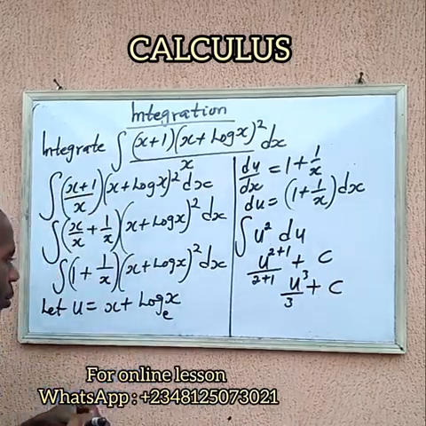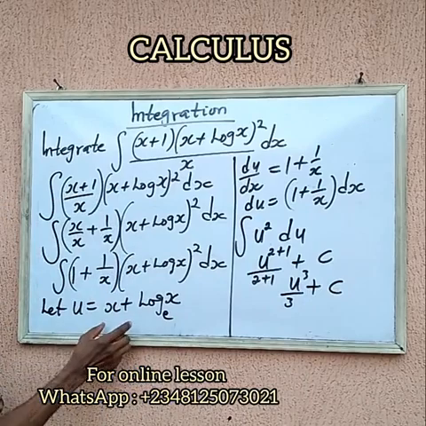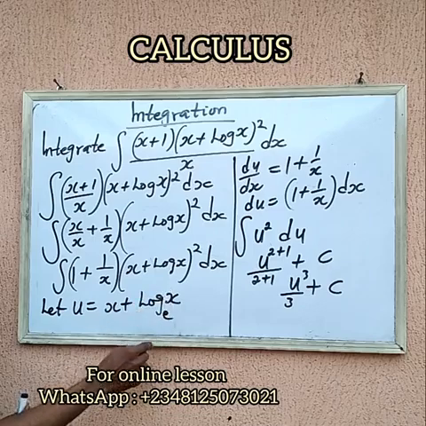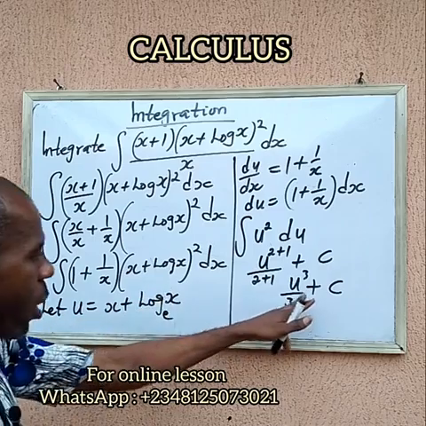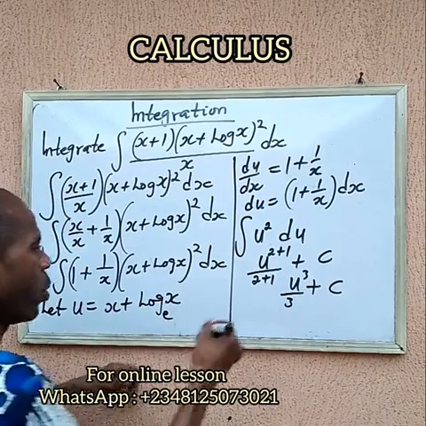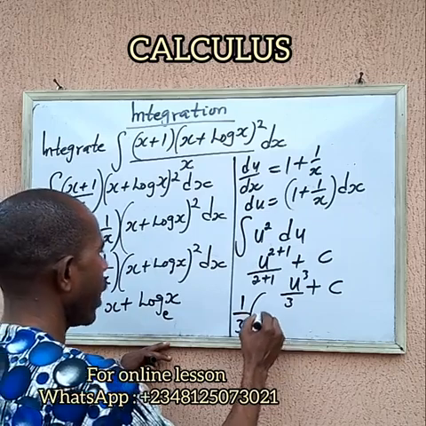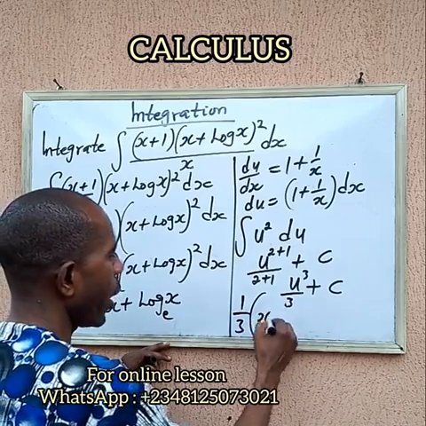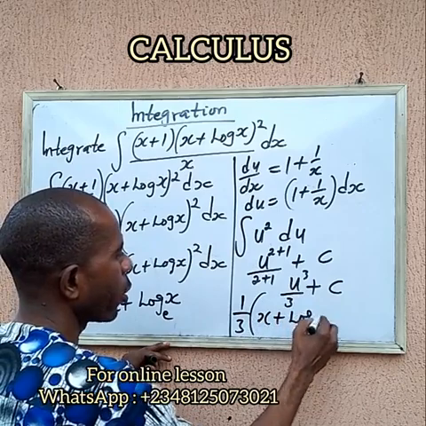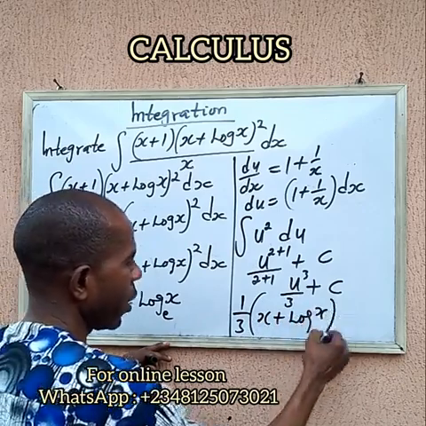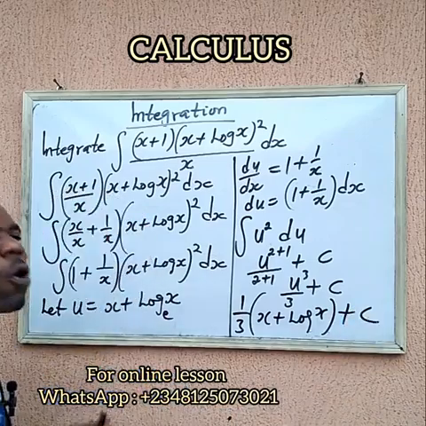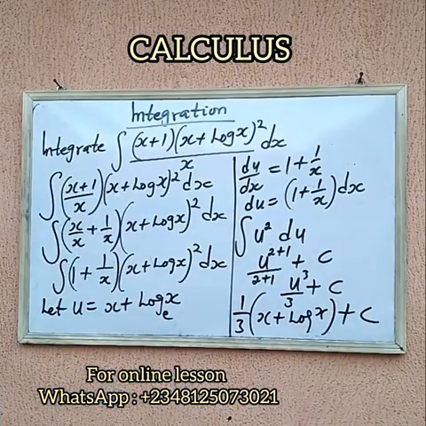And of course, remember that your u is equal to x plus log x. So in that case, we are going to replace it here. It will now become 1 over 3 bracket x plus log x, then plus c. That's all. That is the final answer.